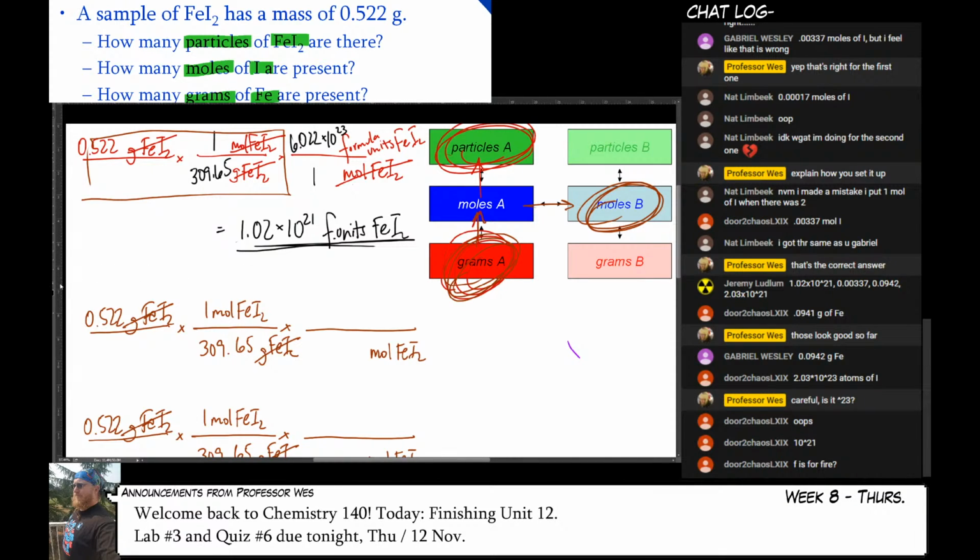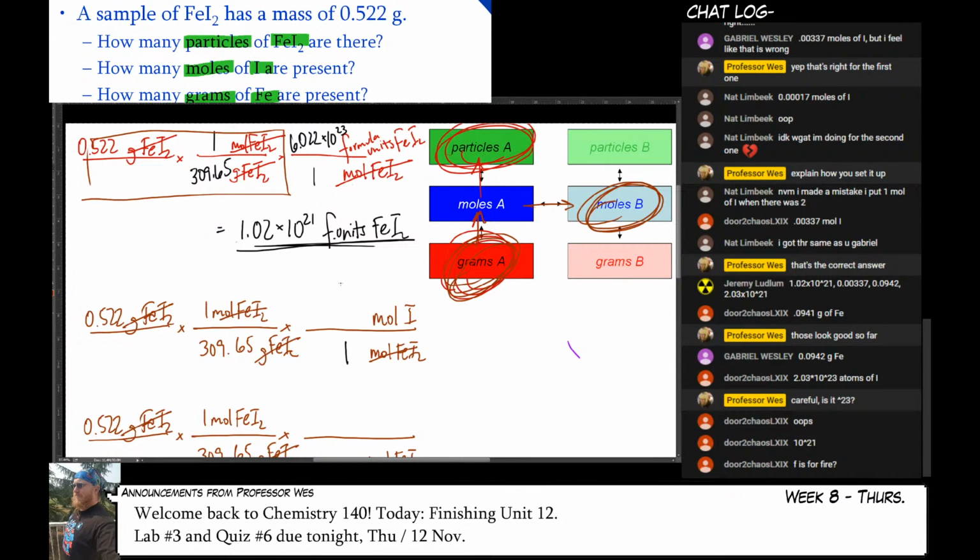All right. So now the next thing that we're going to do is, now that I have moles of FeI2, for the second problem, it's asking you how many moles of I are present. That's not the pen. Okay, as long as that's working. So there we go. And now I can fill in the numbers here.